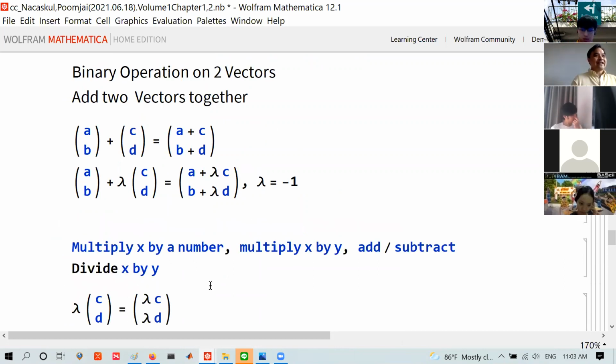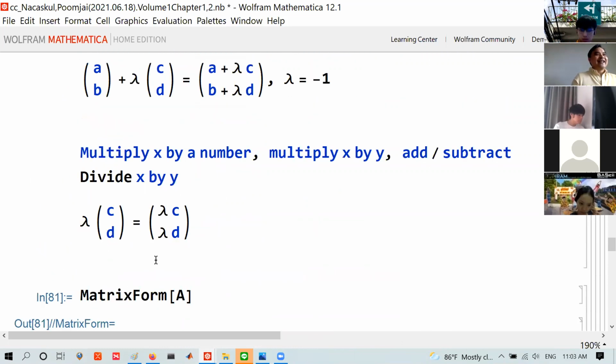Okay, watch this. This is magic. You can multiply vector by scalar and get a stretching. You can reverse this totally. How do you reverse this?